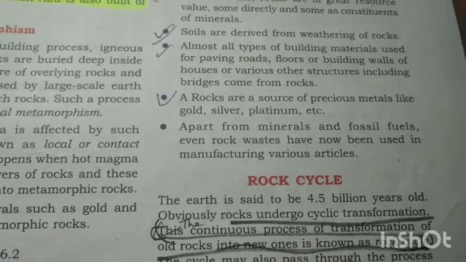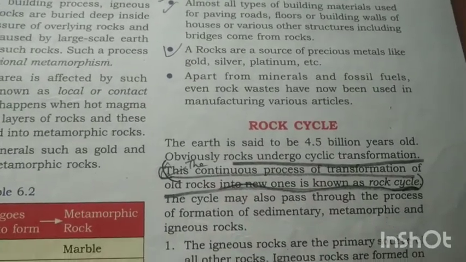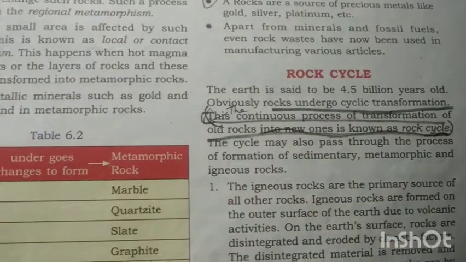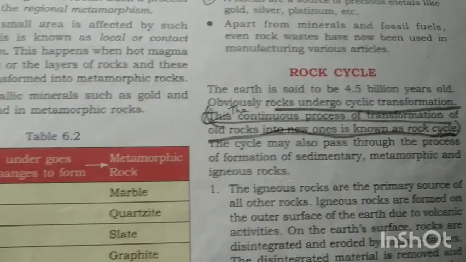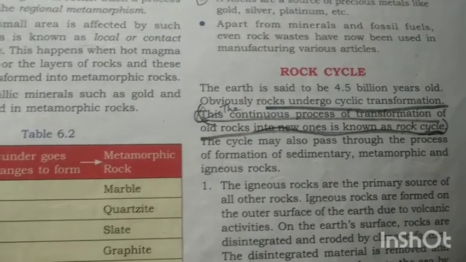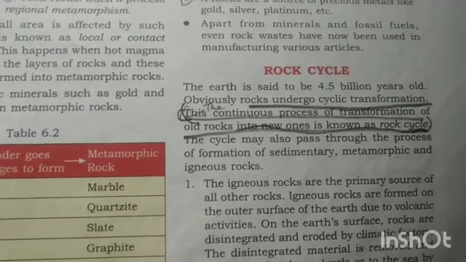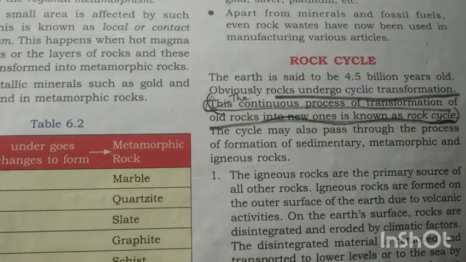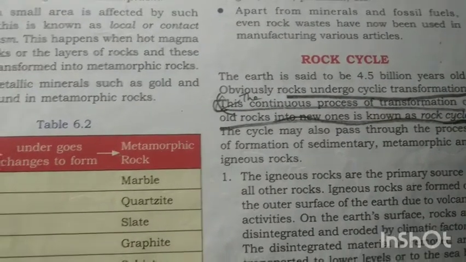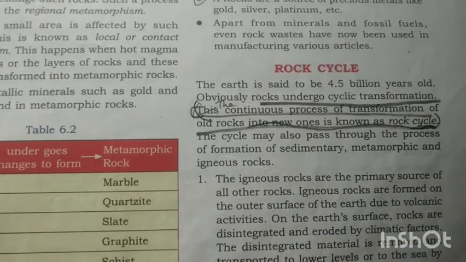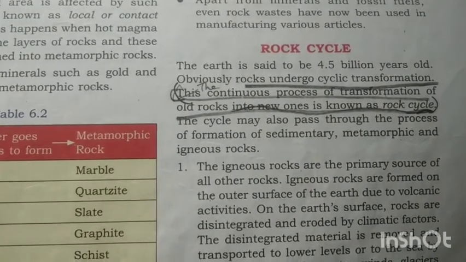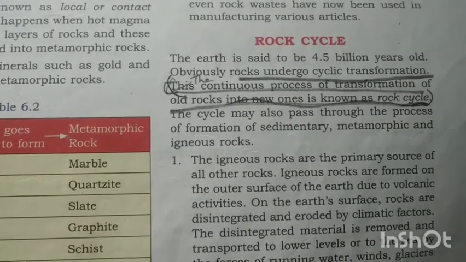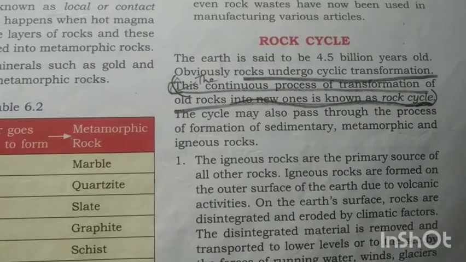Next is rock cycle. Rock cycle is a continuous process of transformation of old rocks into new ones. Now, in this whole chapter, we learned that igneous rocks were formed from volcanic eruption. Then, after going through physical weathering, the igneous rocks changed their form to sedimentary rocks. Sedimentary rock changed its form to metamorphic rock.